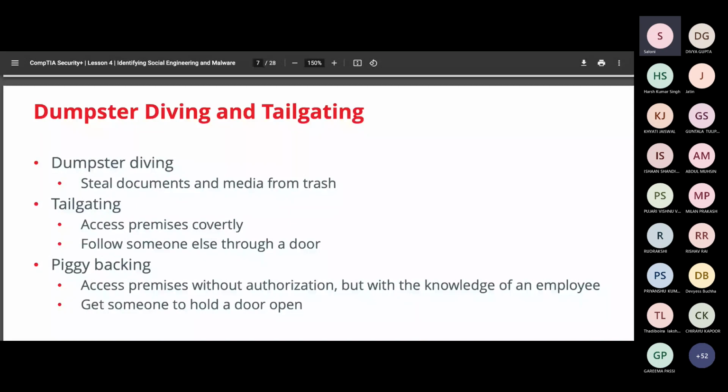Like, I'm the employee, I have the access badge. If someone succeeds in manipulating me, saying that I'm a new employee here, this is my first day, I've not received the access badge, I'll be getting it today, will you please help me get inside the campus with your access badge, or something like that.